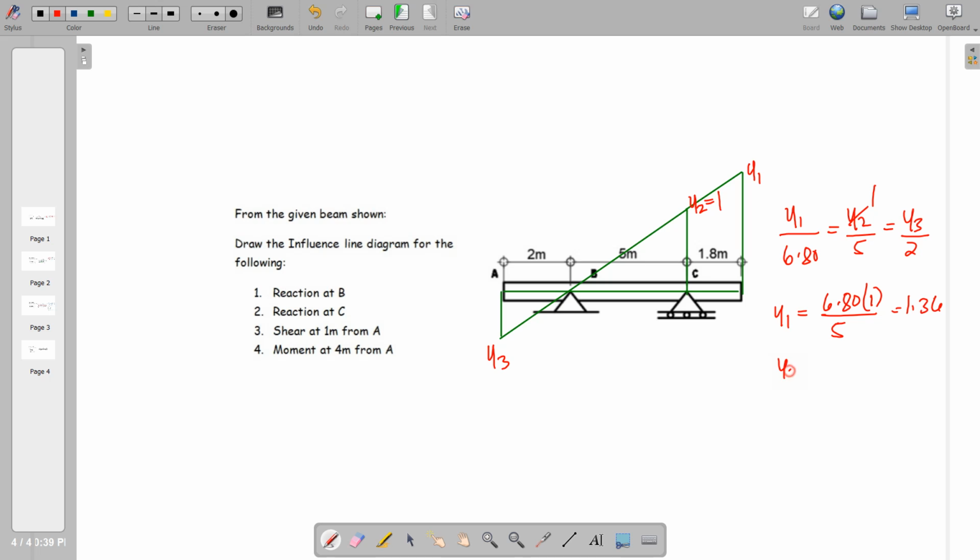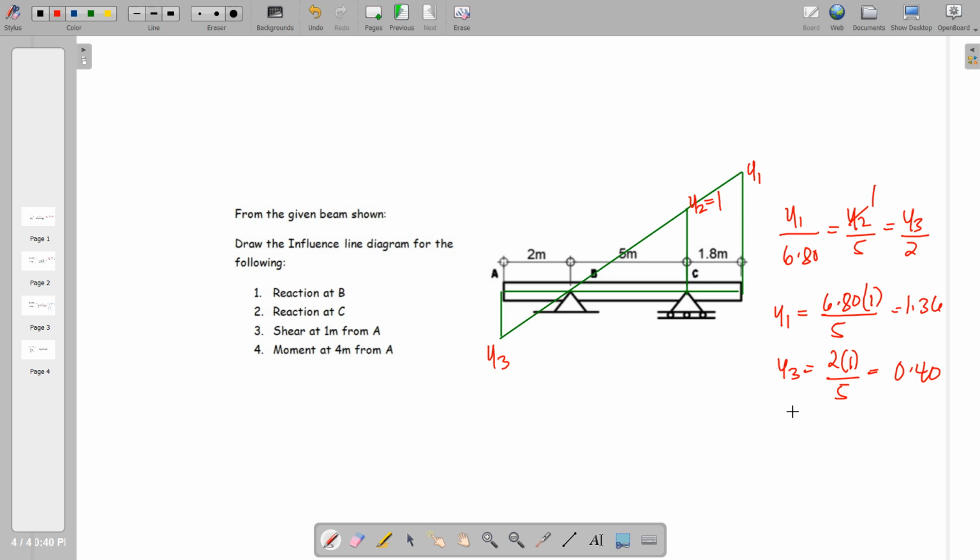And then y3 will be as well paired to this side of the equation. So 2 will just be cross multiplied to 1 divided by 5. So 2 all over 5. That is equal to 0.4.